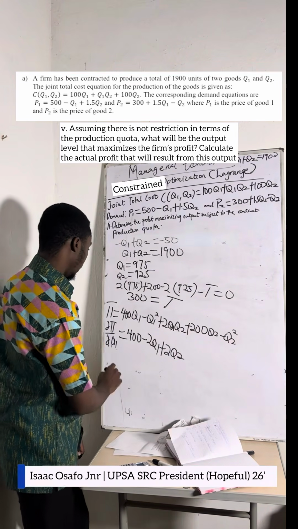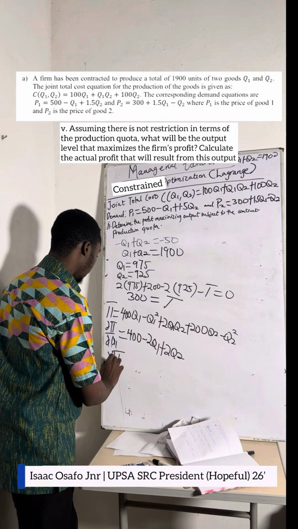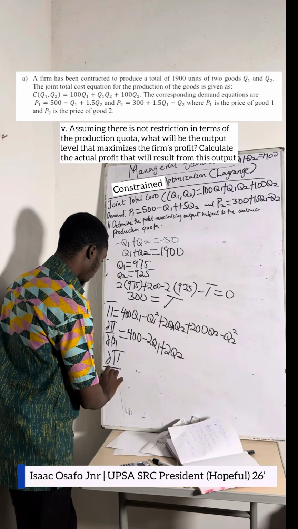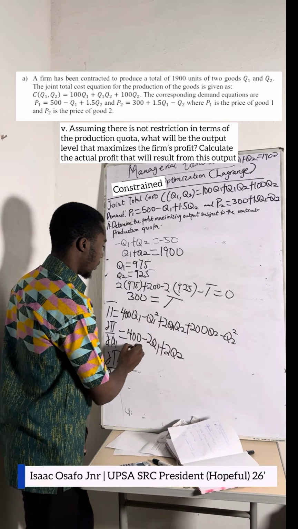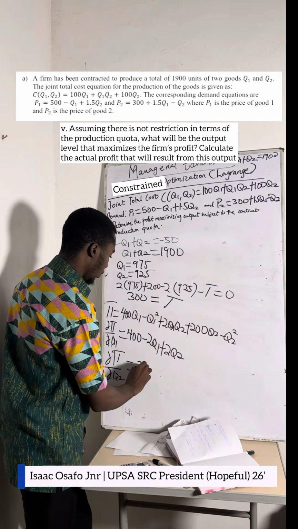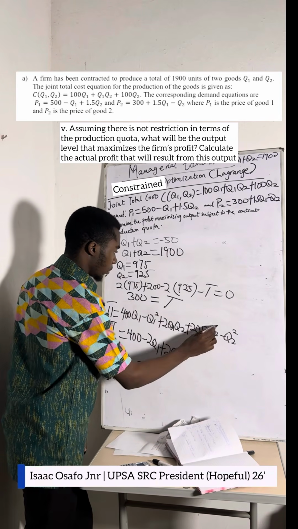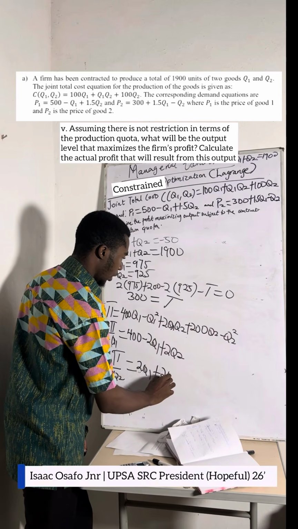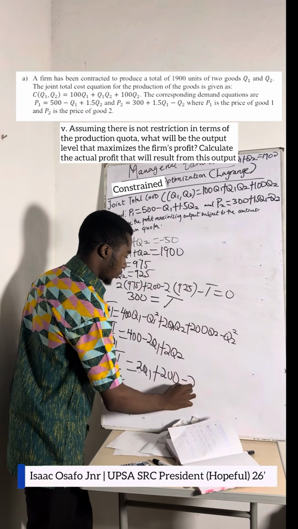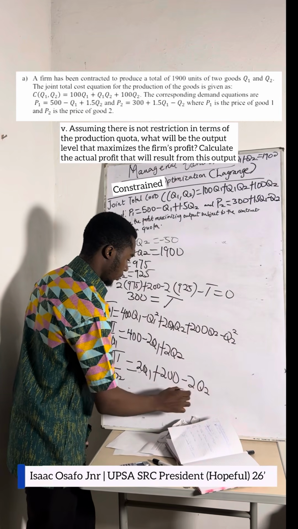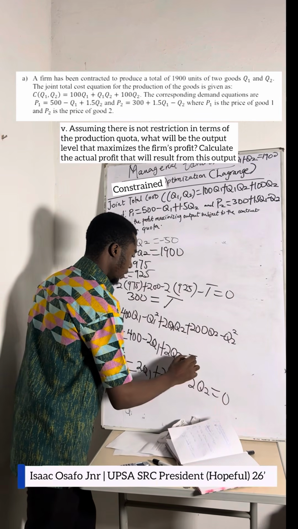Here, all here will be 0. Then del pi over del K2 should be equal to, here is 0, here is 0, here will be 2K1, here will be plus 200, then here will be minus 2K2. Then we are supposed to equate it to 0.